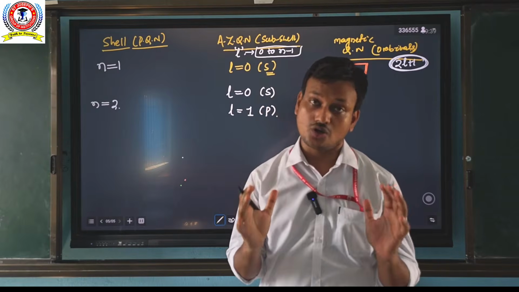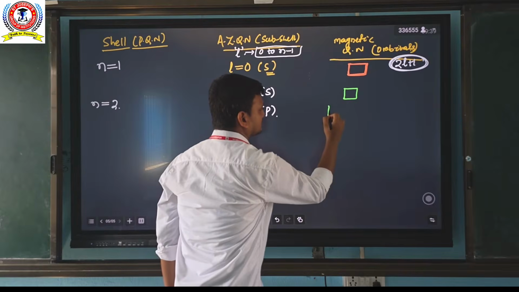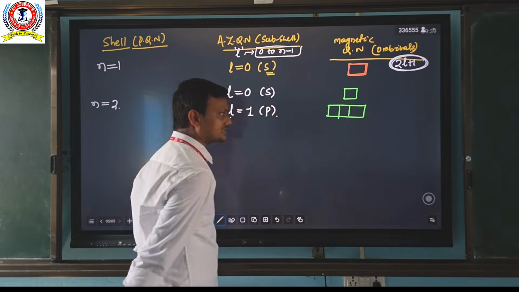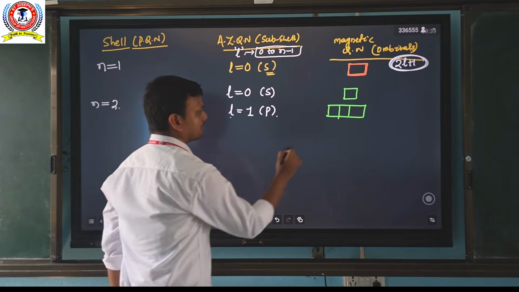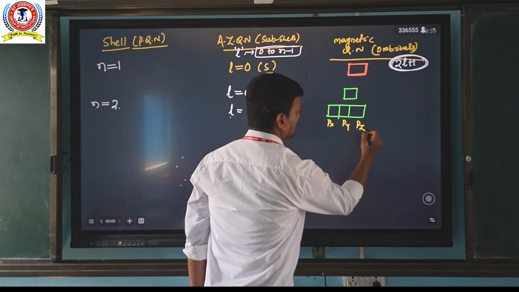Next, for the p subshell, there are 3 orbitals: this is your Px, Py, and this is your Pz.